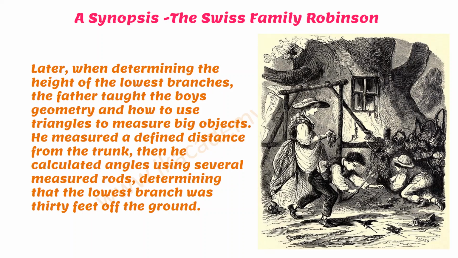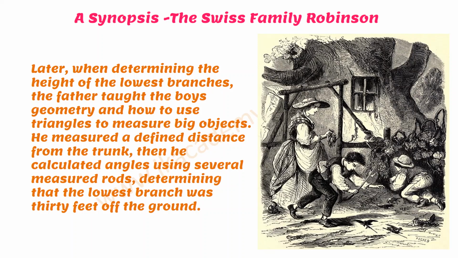So along with the practical aspect, their school studies were also going on. They were learning many things about geometry and calculations. He measured a defined distance from the trunk. Then he calculated angles using several measured rods. This is how he went on calculating, because they did not have all the instruments to measure.